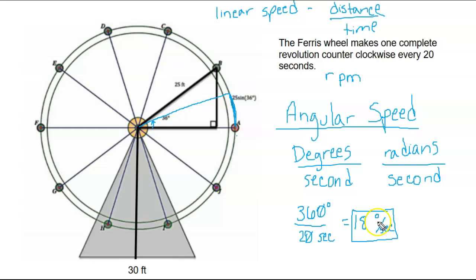Now that we know how many degrees per second we are traveling, if you remember yesterday, we figured out how high we were at different points on the Ferris wheel based on its inner angle. We could use that inner angle to help us figure out how far above 30 we had gone, or how far below 30 we were at the moment.